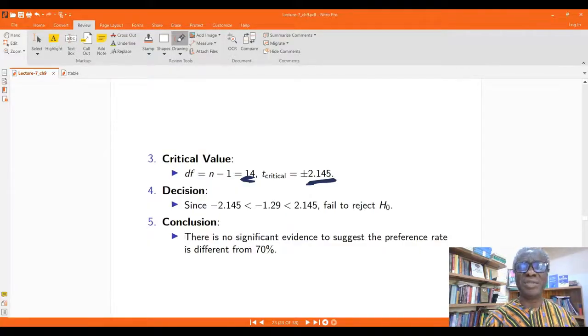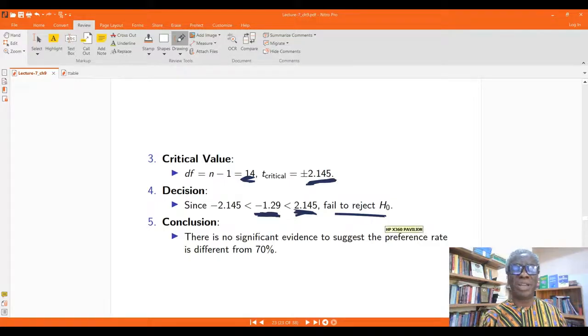As usual, we reject the null hypothesis if the t value computed is greater than the t critical value. But in this case, the t calculated, minus 1.29, is less than the t critical. So we fail to reject.